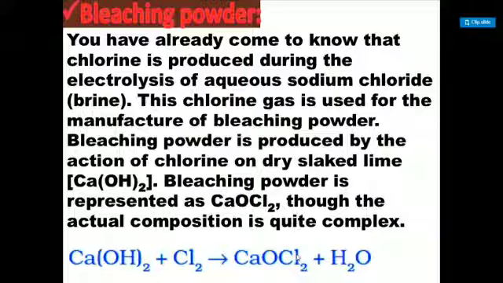Bleaching powder is produced by the action of chlorine on dry slaked lime, Ca(OH)2. Bleaching powder is represented as CaOCl2, though the actual composition is quite complex. Ca(OH)2 with chlorine gas, CaOCl2, that is bleaching powder, is formed with water.